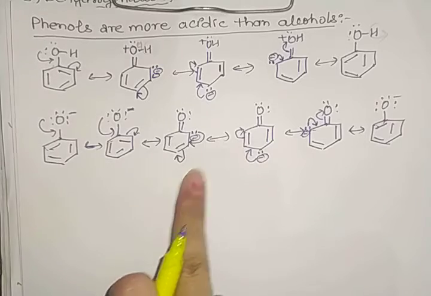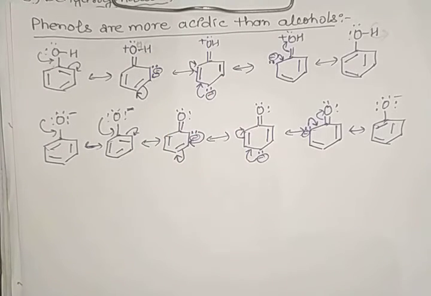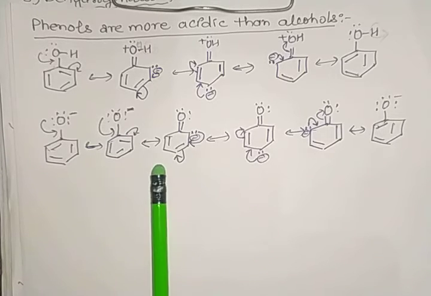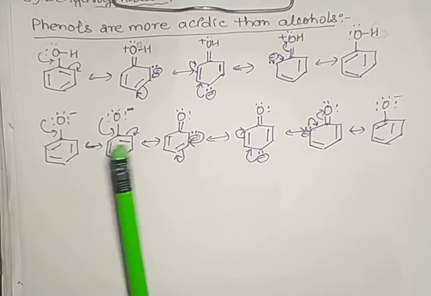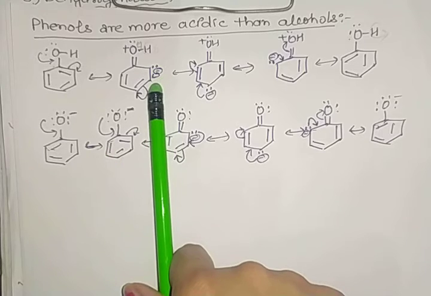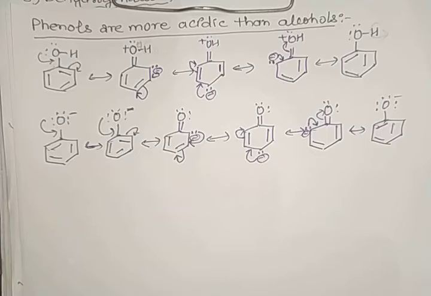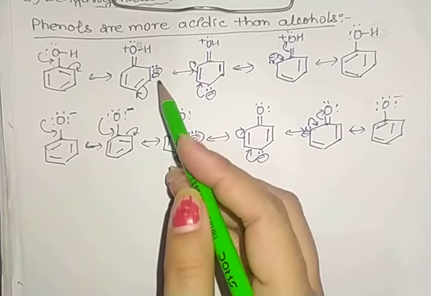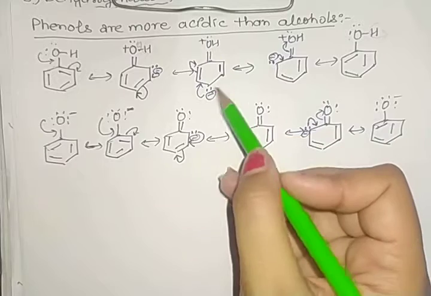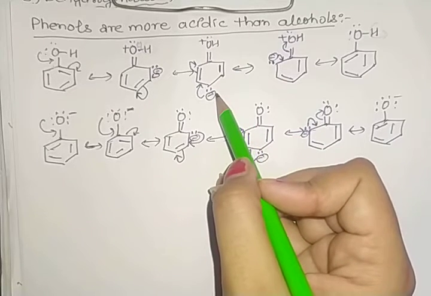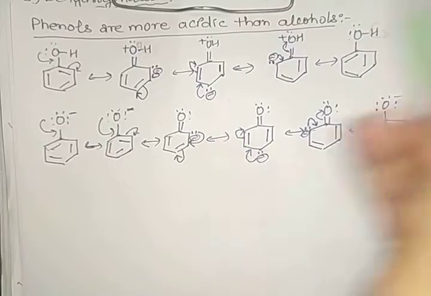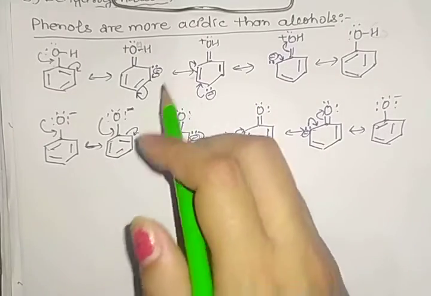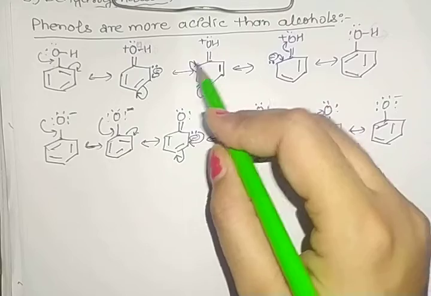As you can see now in the case of phenol and phenoxide ion, if we compare both, the phenoxide ion is more stable. Why is it more stable or less stable? Phenol is less stable because both positive and negative signs are present here.